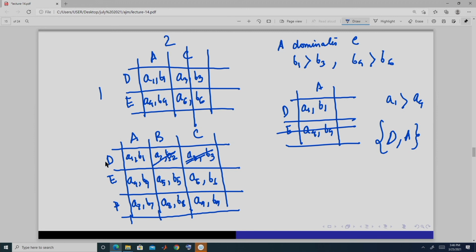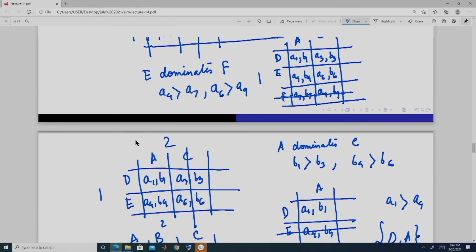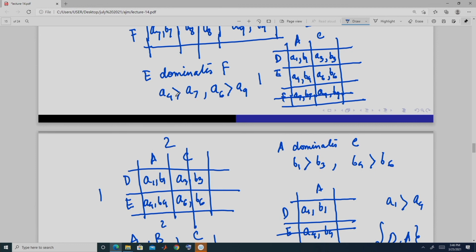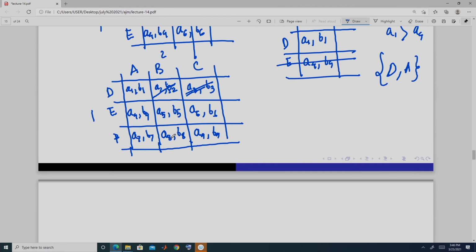Now, if player 2 chooses A, from this we know A4 is greater than A7. So, this is not a Nash equilibrium, and again we know A1 is greater than A4.